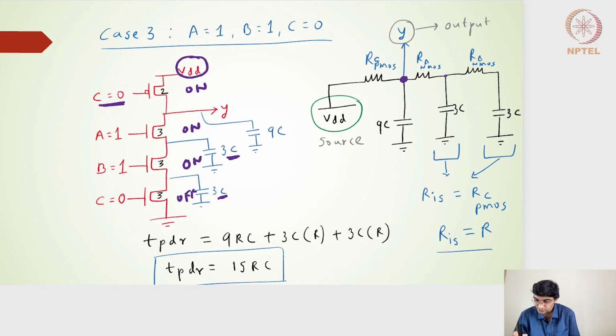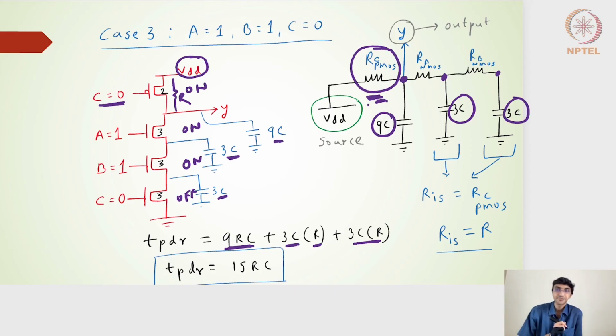The shared resistance for this capacitance is still the R of PMOS, and the shared resistance for this 3C is also the R of PMOS, because Y is my output node of interest. So I will have the propagation delay rising as 9C into R, plus 3C into R, plus 3C into R. Overall, I will get 15 RC.